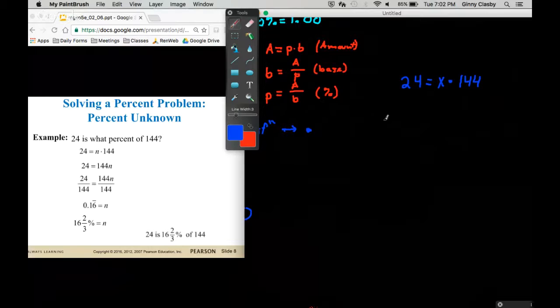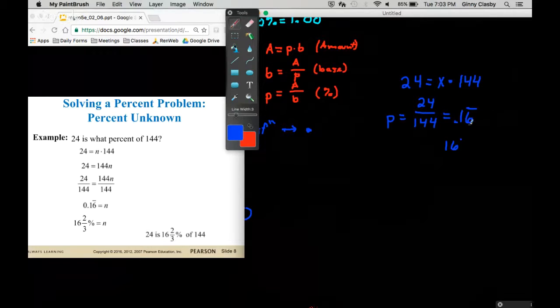You have your formula here: percent equals your amount over your base. When you do that out, you're going to get a repeating decimal. What you would do with a repeating decimal, in this case of 0.16 with the 6 repeating, that would be a 16%.